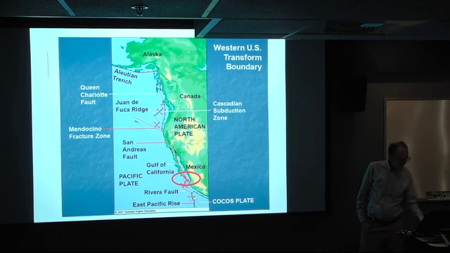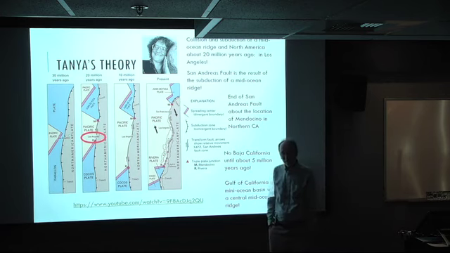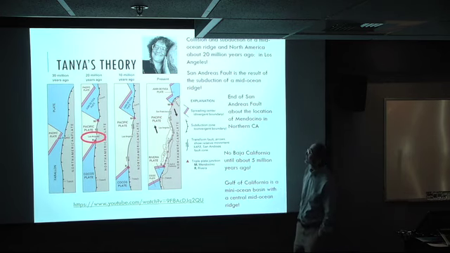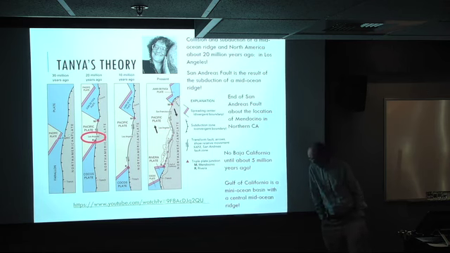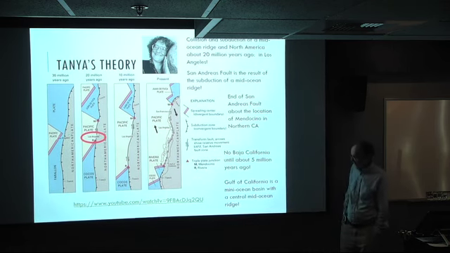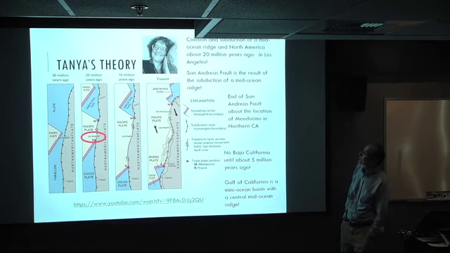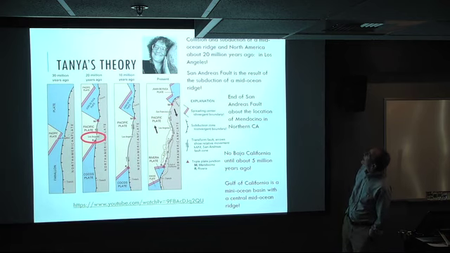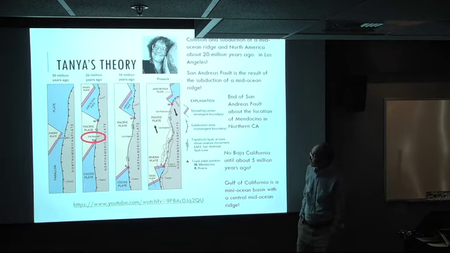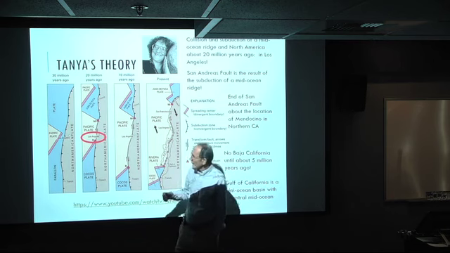So then we introduced the hero of this whole class, Tanya Atwater at UC Santa Barbara, who I argued was perhaps the most famous woman geologist alive today, and one of the most famous geologists alive today. She became famous by proposing this theory on the origin of the San Andreas Fault.